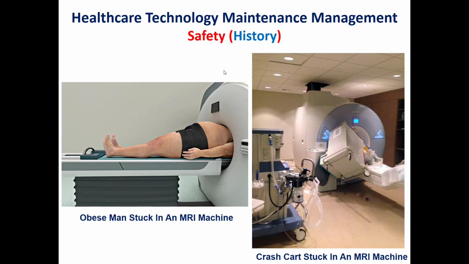So in that period, the electrocution of patients was a major issue. Currently, we have other issues such as the incidents or accidents which are happening due to the use of MRI machines with high magnetic intensity fields.